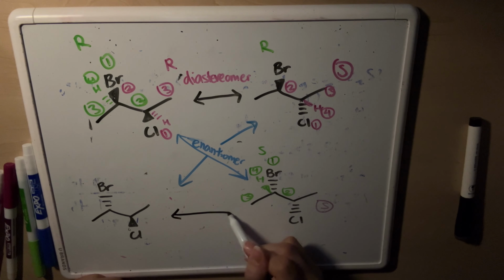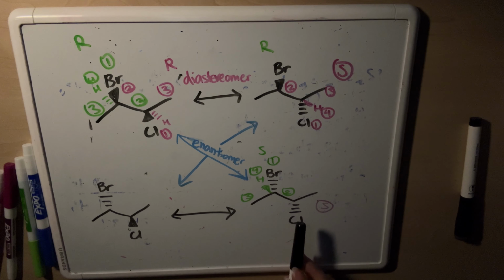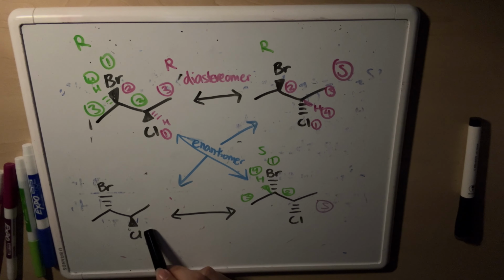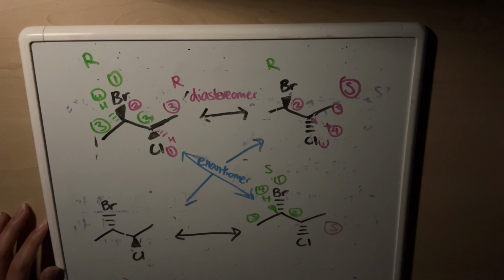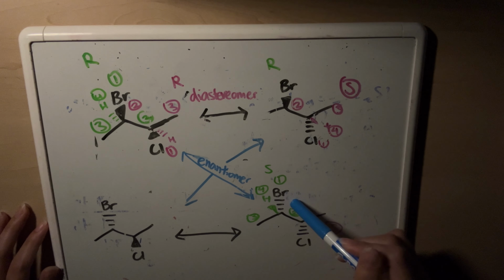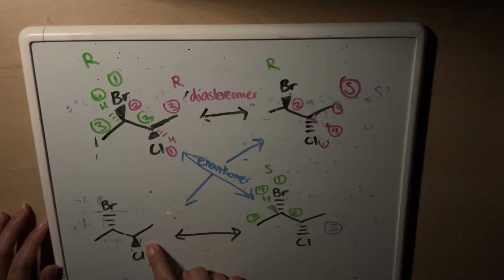This is a diastereomer as well, as you can see, because all of these are dashes. Only one changed to a wedge, and that was the chlorine. Same thing for this one. These two are diastereomers because this entire molecule is full of dashes. As you can see, this bromine has a dash, and this chlorine has a dash. And only one of the stereocenters changed here. Chlorine is the only one that's changed into a wedge.